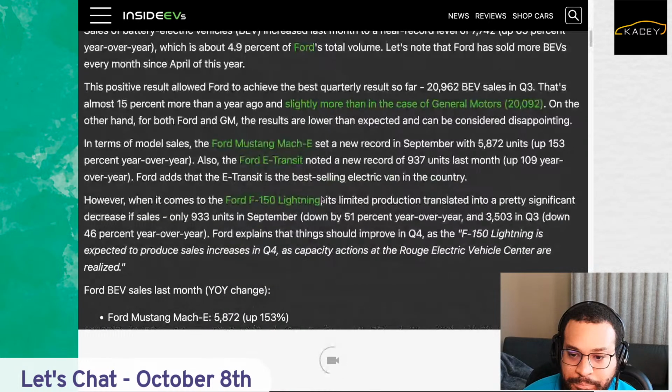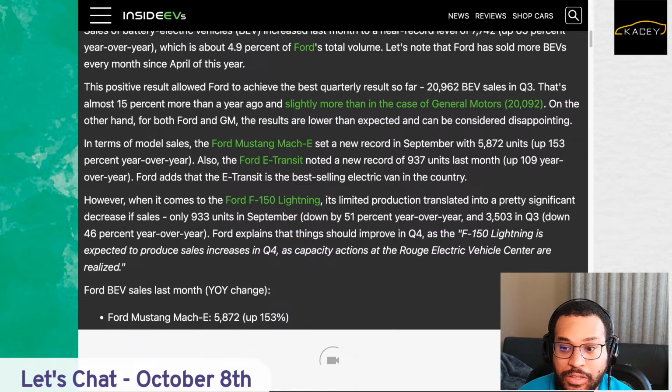In terms of model sales, the Mach-E sits at a new record of 5,872 units, up 153% year over year. Congrats, guys. And the Ford E-Transit noted a record 937 units this month, up 109% year over year.